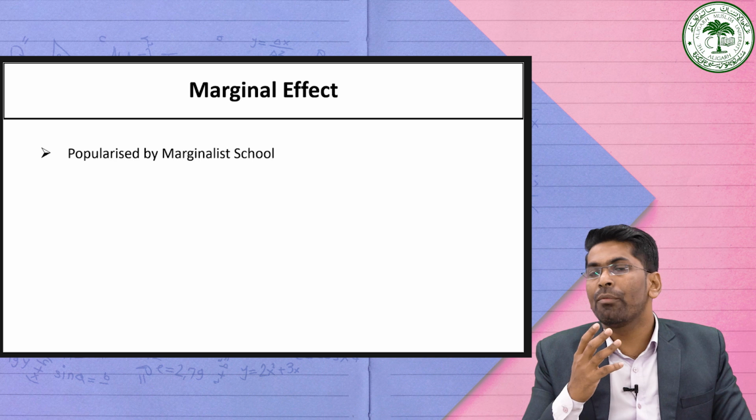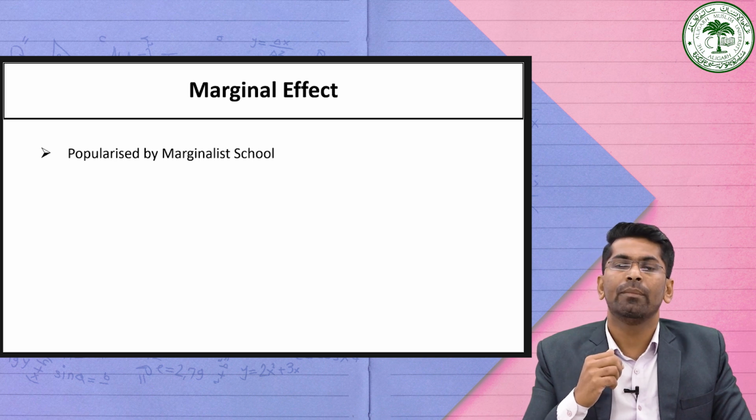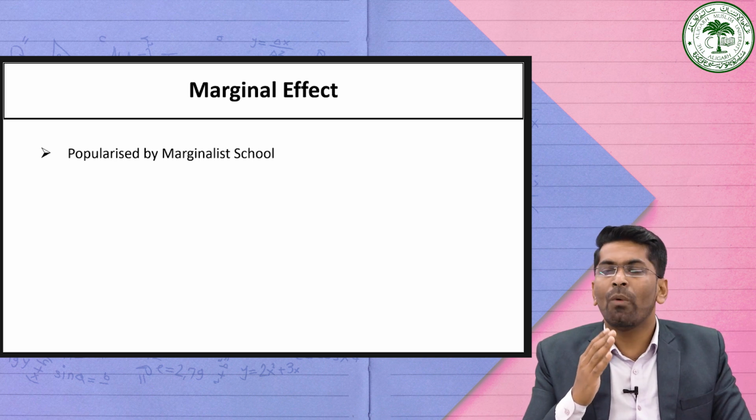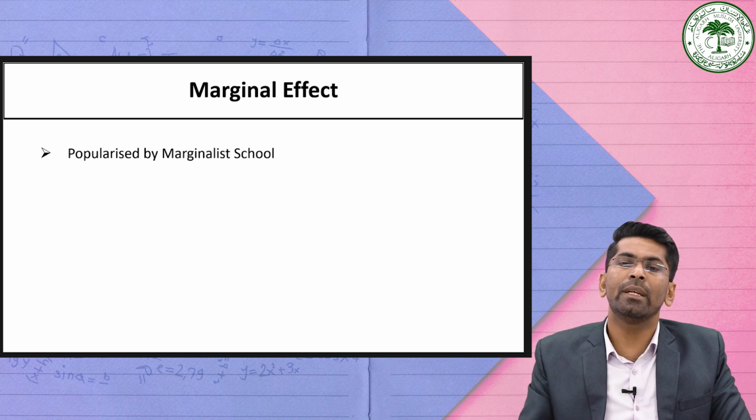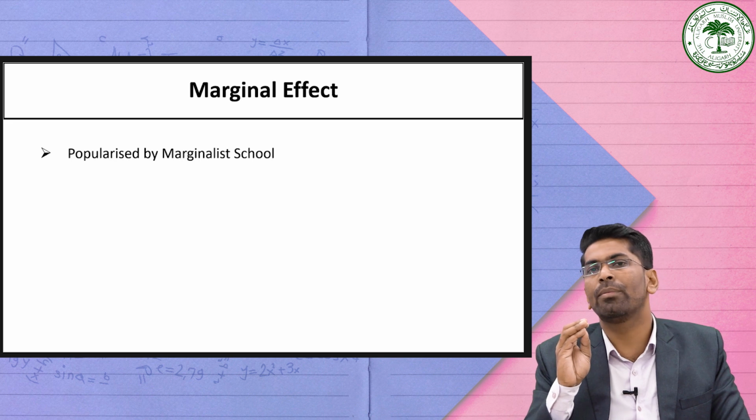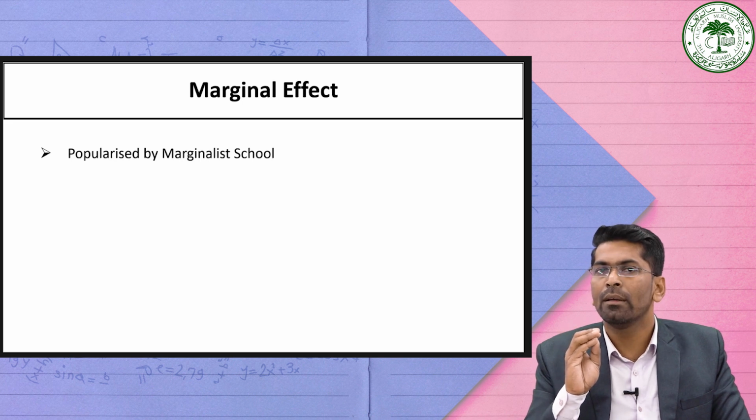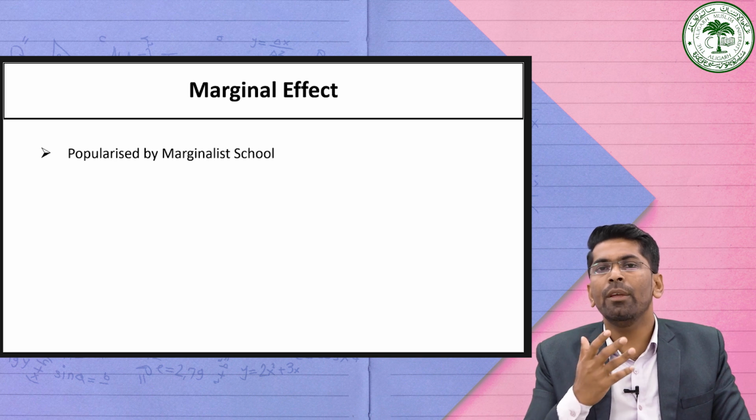After the advent of the marginalist school of thought, one of the most widely used concepts in economics is the marginal concept. We are aware of the concepts of marginal utility, marginal cost, marginal revenue. We regularly use these terms in economics.